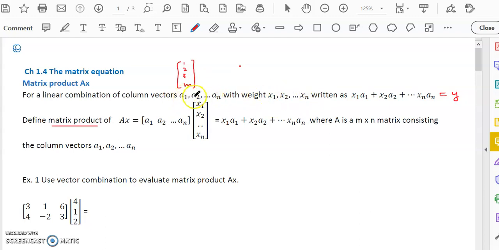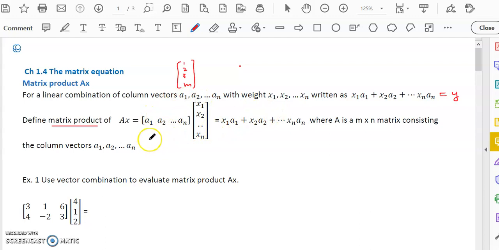I could have 3 vectors here, and I would have to have 3 weights, but my entry could be 2 length, the size could be 2, it could be 3, it could be 4. So I would write all the column vectors vertically to fill up a matrix called A. So each a1 is not a number, it is actually a column vector.